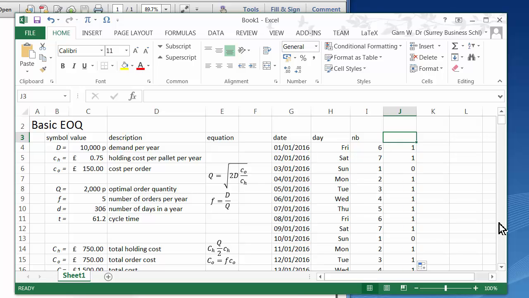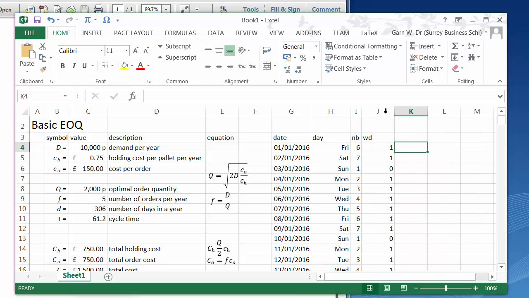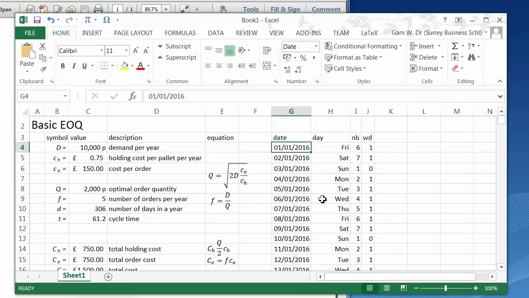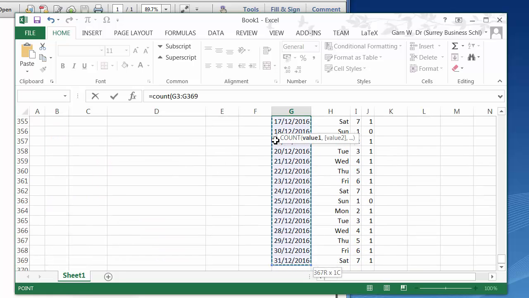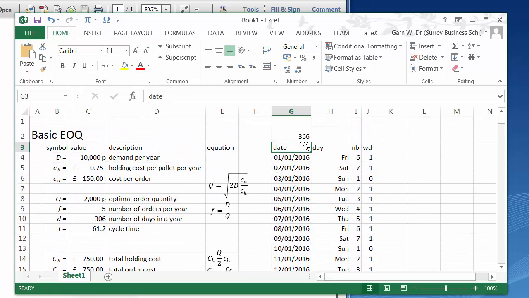So is that a weekday? Now we are in the position to actually determine how many weekdays the year 2016 has. Let's first have a look at how many days we have in 2016. So we got 366 days in 2016.